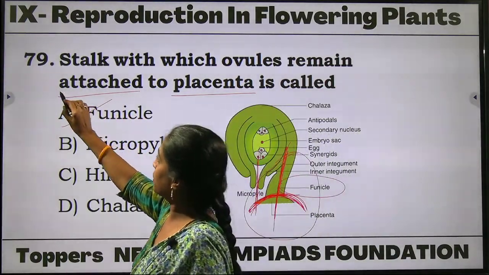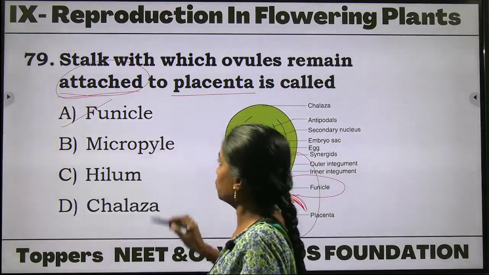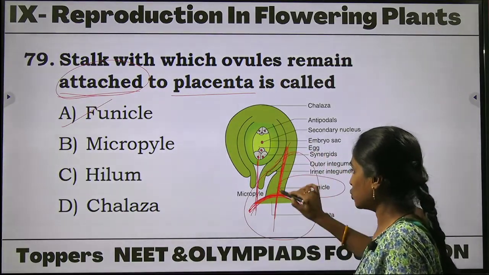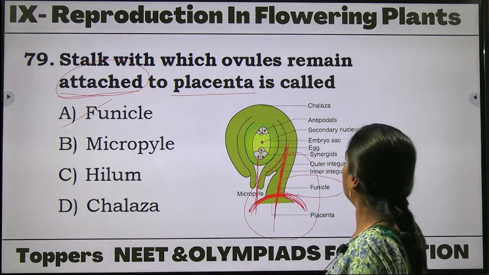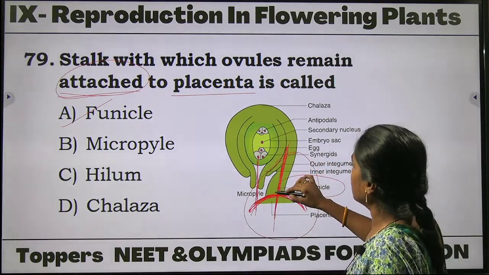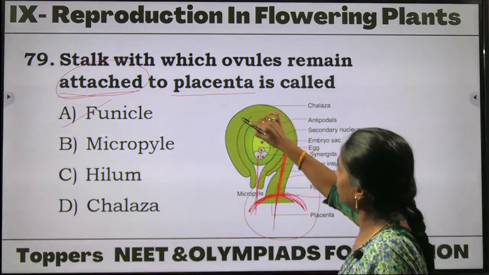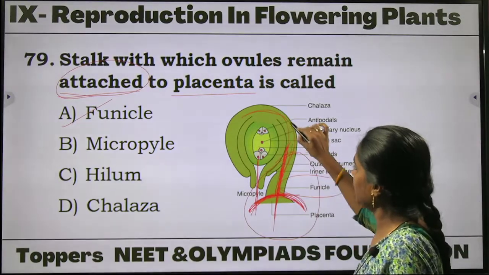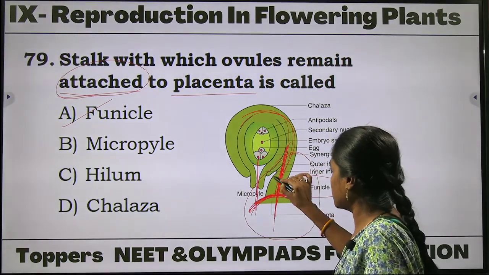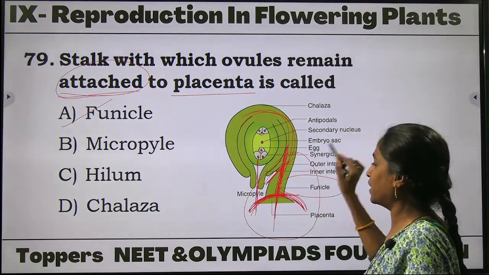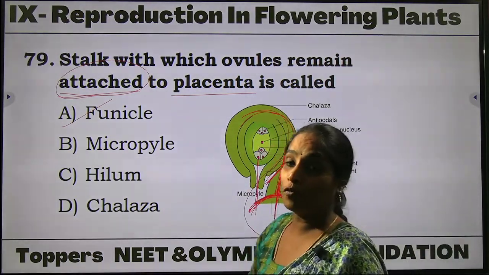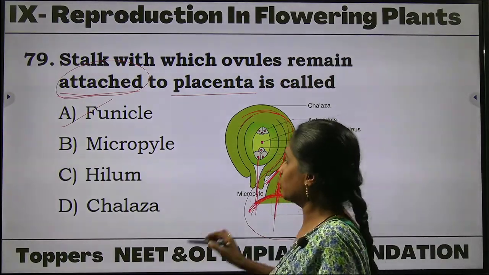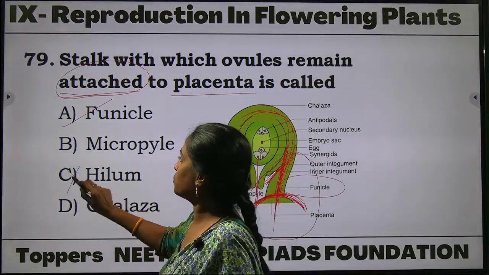The word itself indicates it: attaching towards the placenta is the stalky structure called the funicle, not the hilum. Where is the hilum? In the hilum we can observe the structure which is the connecting link between the chalazal end and the funicle. Okay, so this is called the hilum. The connecting link between the funicle and the complete ovule is called the hilum. Okay, this is also the wrong option.